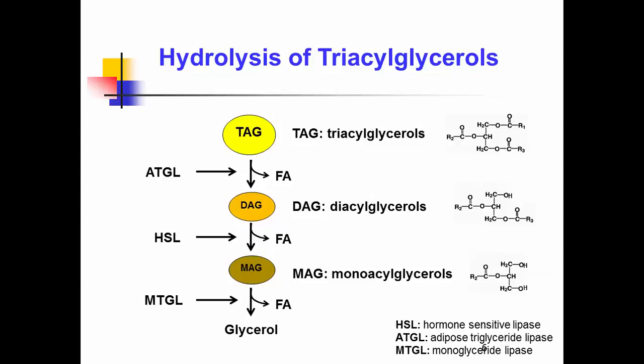That's not a problem. That's a good point. So you're still able to remove fatty acids and make fatty acids available. So all three enzymes work together to release fatty acids from the glycerol backbone.